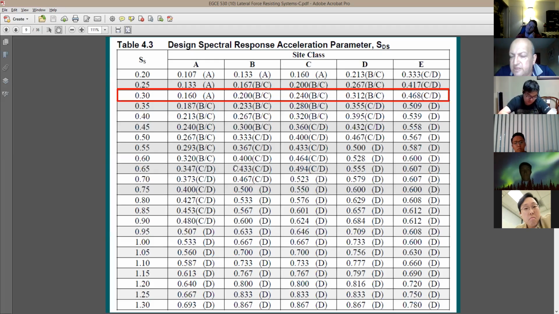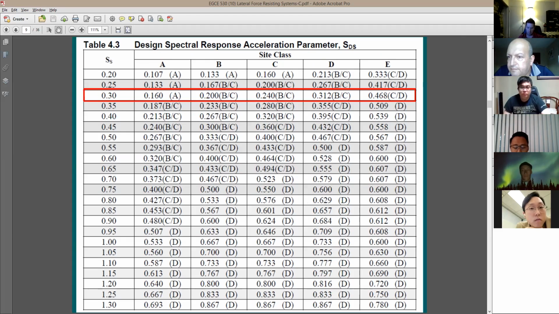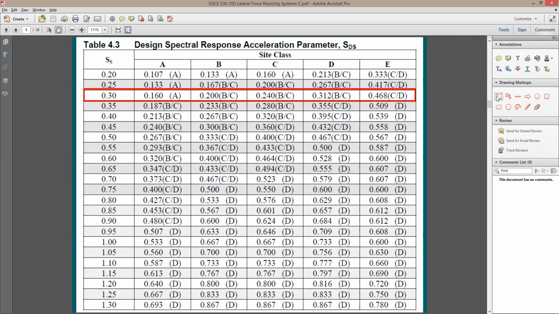Okay, let me try to understand this here. So your SDS, your SS is 0.3. I'm just making up a problem here. So you can see here, my SS is equal to 0.3. I have site class, I'm going to put it here as, let's say, C. All right, I decided to make it C, a little bit different.